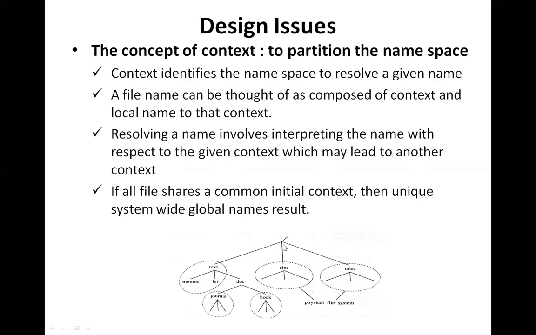And here we have a root through which we have divided the different files at different locations. This is named as text. It means the files which are related to text are here, then the simulation and the miscellaneous.